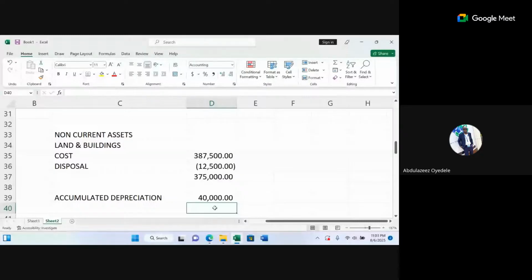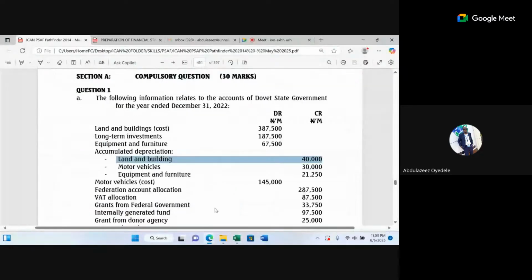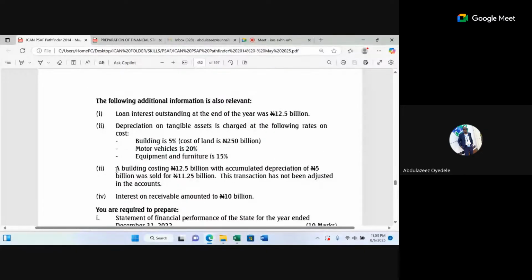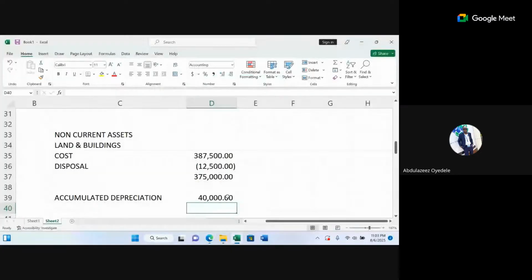So if you check our question back, you see that we are told that the building costs 12.5 billion and accumulated depreciation on it is 5 billion. So we need to remove that 5 billion from the value of the accumulated depreciation that we have been carrying.